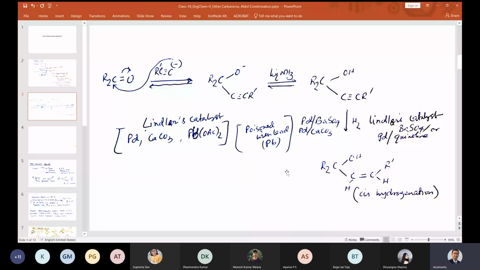First this acetylide reacts here, it abstracts a proton to form the C triple bond C. This can be reduced to form the cis product by hydrogenation. This is just an example. There could be some other reactions which are possible.